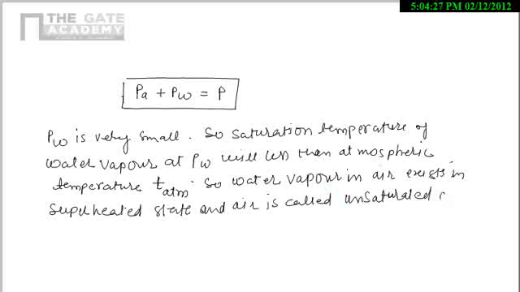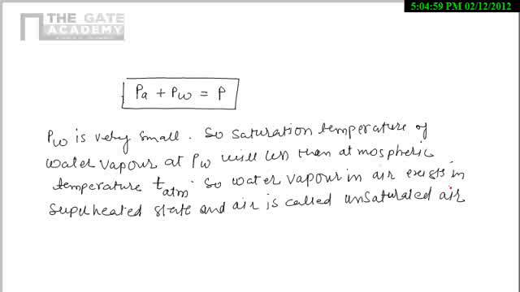Now it's very clear. We know PW, the partial pressure of water vapor, is very small, so the corresponding saturation temperature is very low compared to the atmospheric temperature. That's why the water vapor is existing in a superheated state, and that's why we are not able to see the water vapor in atmospheric air with the naked eye, because it is in a superheated state.